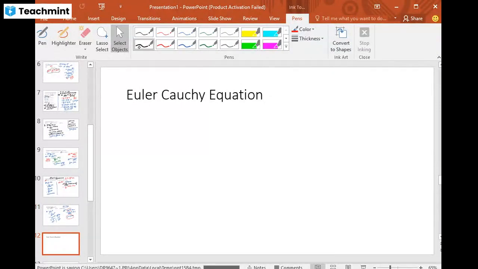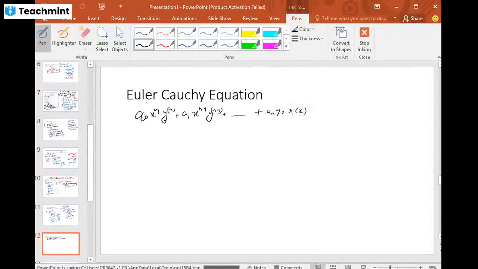Basically, the Euler-Cauchy equation is a special type of linear differential equation with variable coefficient. It is of the form a0 x^n d^n y/dx^n + a1 x^(n-1) d^(n-1)y/dx^(n-1) + ... + an y = r(x).